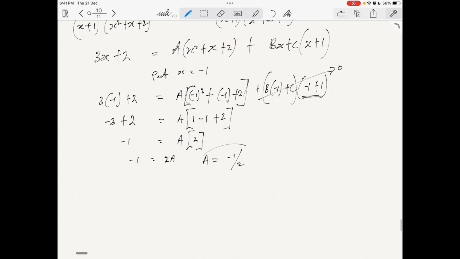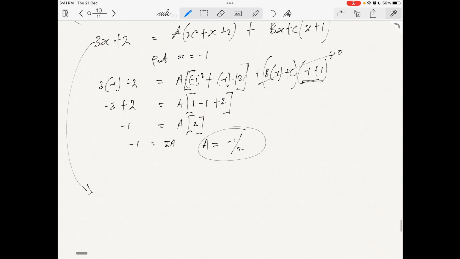Good, that's established. A is -1/2. Now I come back here and do my proper comparing of coefficients. 3x plus 2 equals a into (x squared plus x plus 2), plus (bx plus c) into (x plus 1).